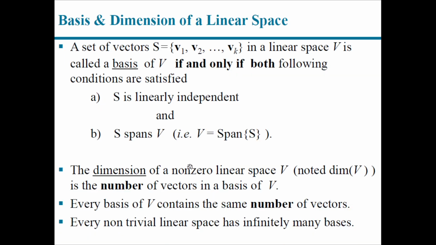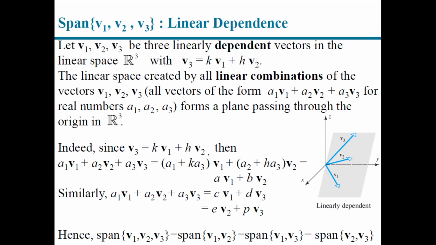Only two of them. And that's where the notion of dimension comes. Dimension is just the number of vectors in a basis. How many vectors are in the basis? In this case, there were only two. So dimension of this space here is 2. Okay? Because there are two people in a basis.